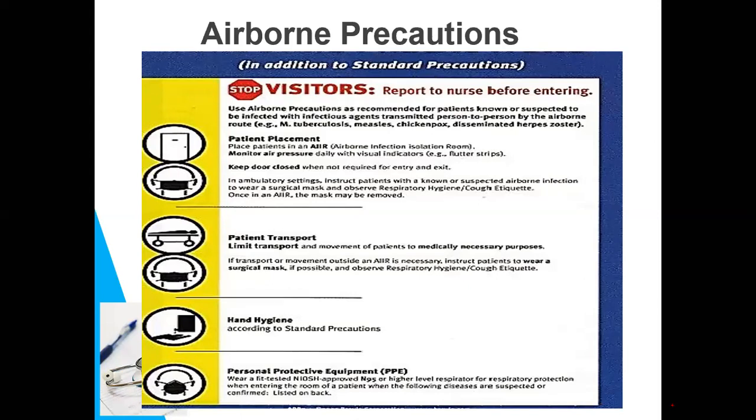The patient should be kept in negative pressure AIIR. Those patients with immunocompromised or immune disease conditions should be kept in the positive pressure isolation rooms.